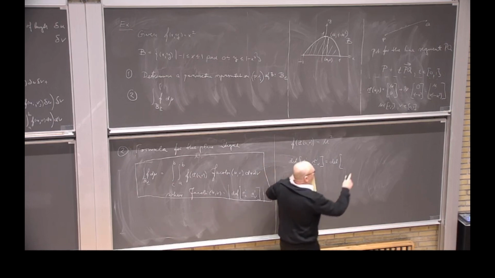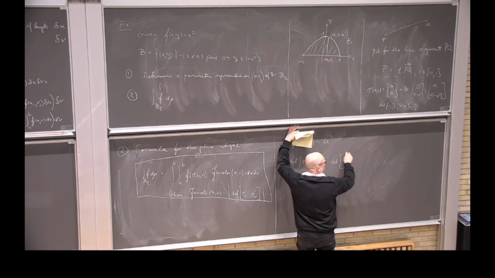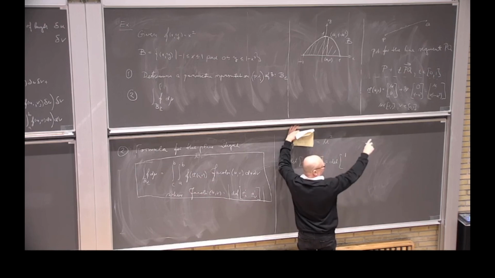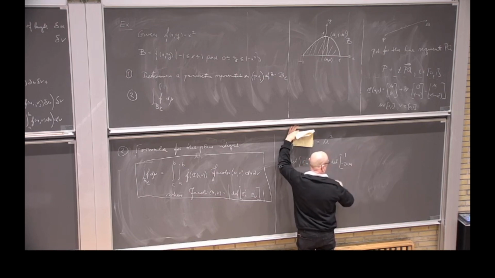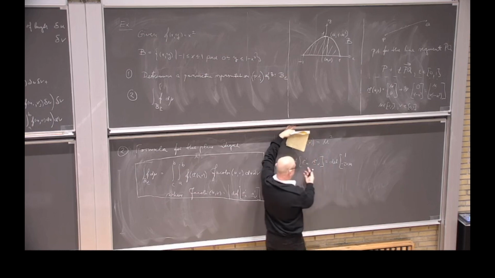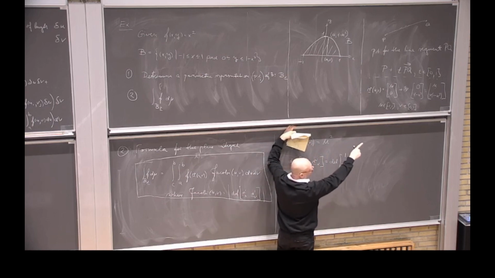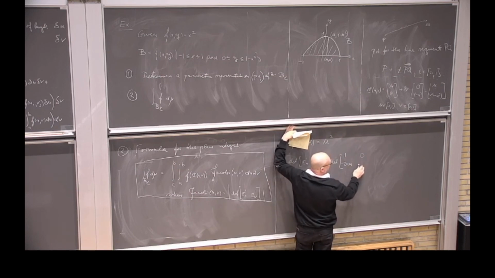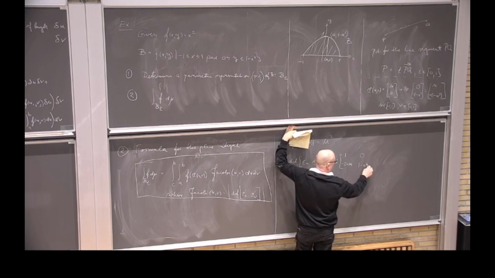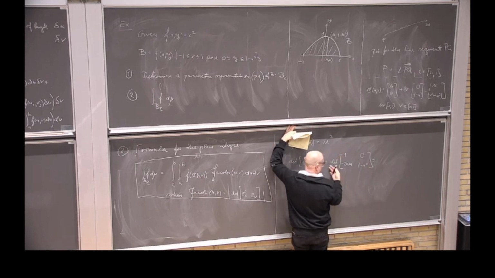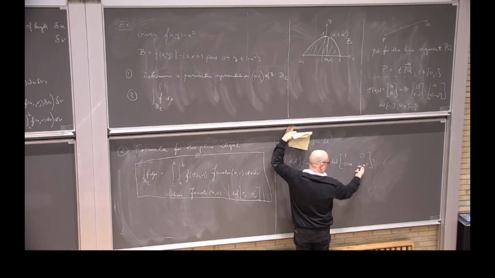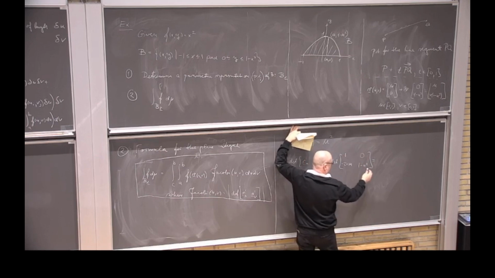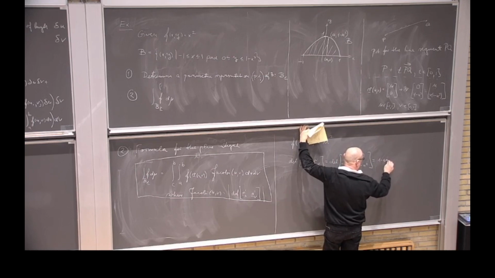For the first, it's u, so it's a 1. For the second, I get minus 2vu. This was the first column. The second column I have to differentiate with respect to v. I get a 0, and then I get 1 minus u squared. So this determinant is this times this, and this is 0, so no contribution. So it'll be 1 minus u squared.